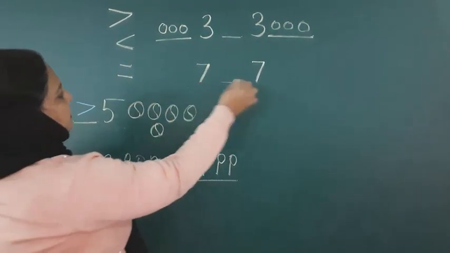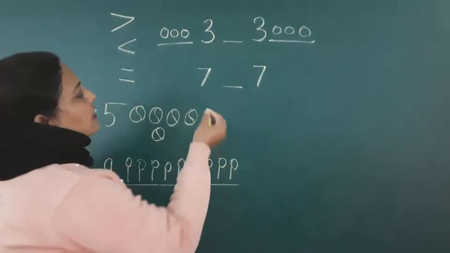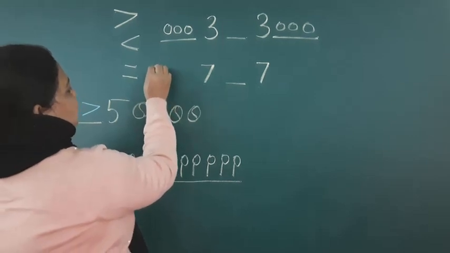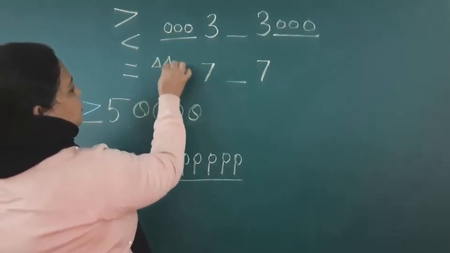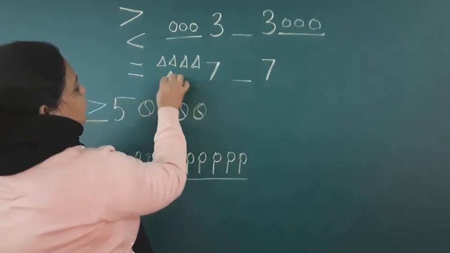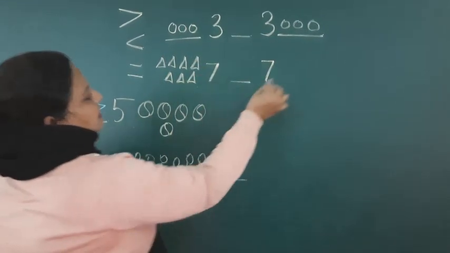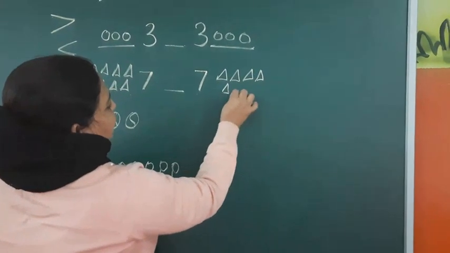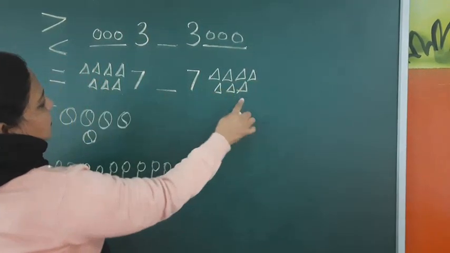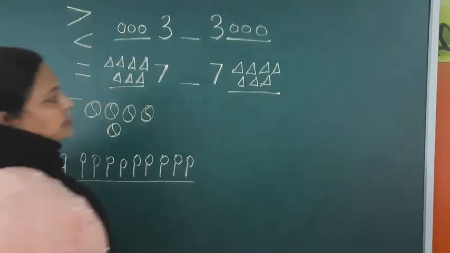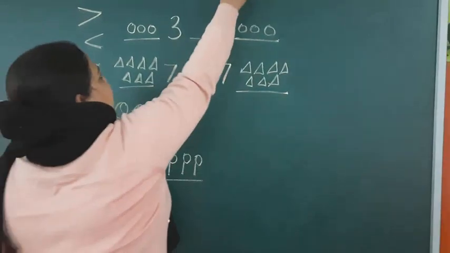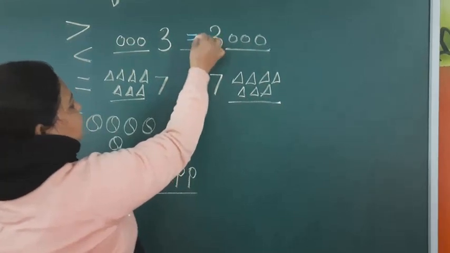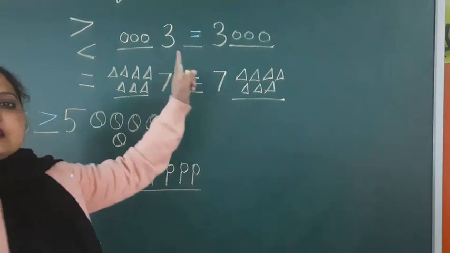Here 7 are there, so any object you can take, like a triangle. So 7 triangles you have to make, 1 2 3 4 5 6 7. Here also 1 2 3 4 5 6 7, both are the same. So when the same number is there, you have to put this sign, that is called equal. This is called the equal sign when both numbers are the same.